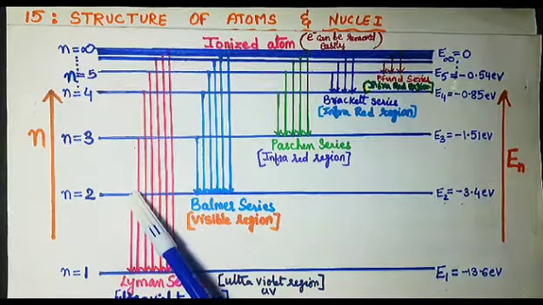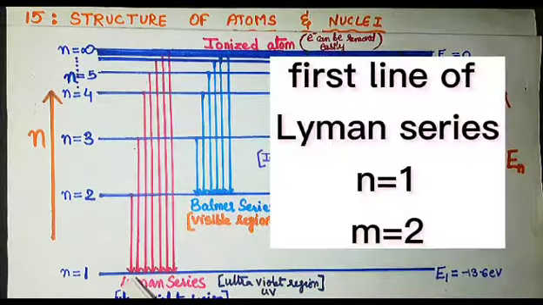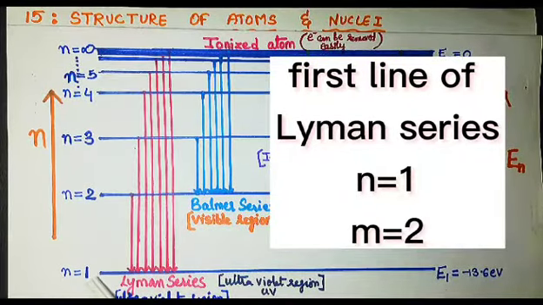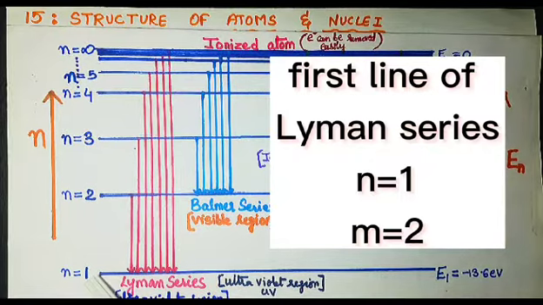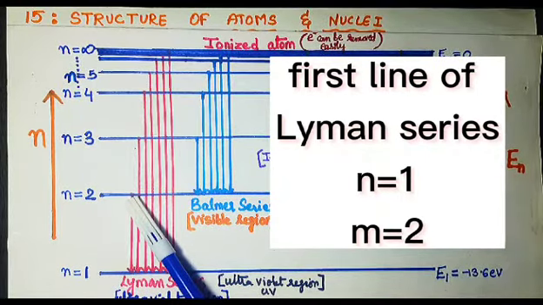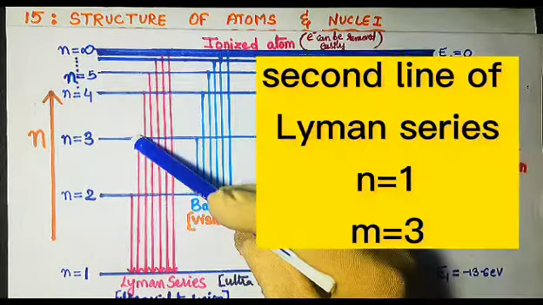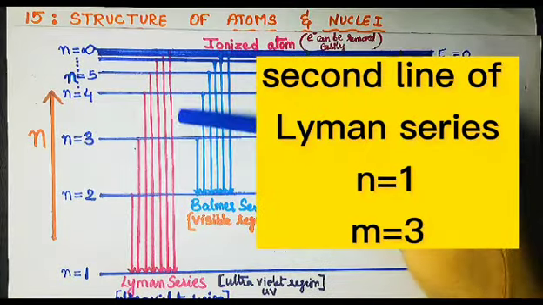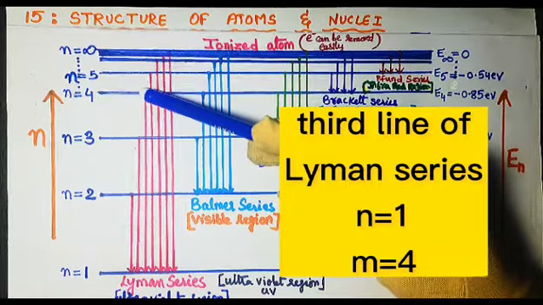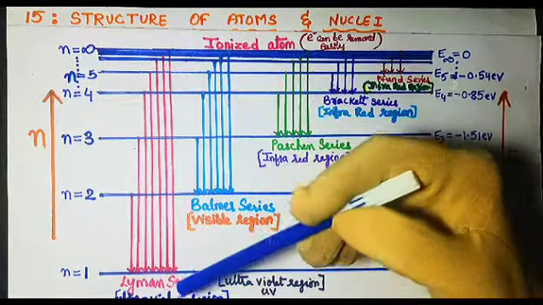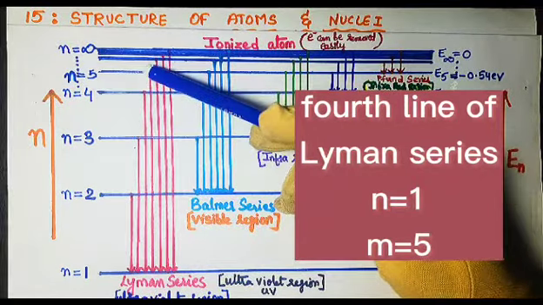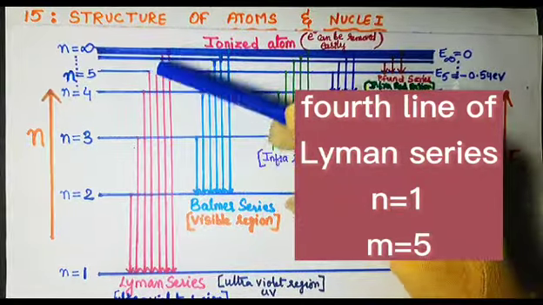We can find the wavelength of first line. Here for this first line n is equals to 1 and m, that is the higher orbit, m is equals to 2. Then for the second line m is equals to 3. Now for the third line n is equals to 1 and m is equals to 4. Now for the fourth line n is equals to 1 and m is equals to 5, and so on.